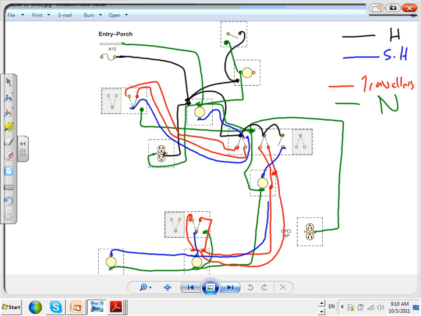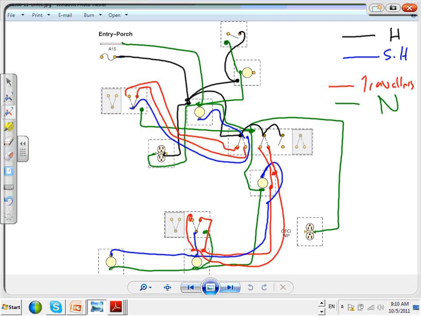Oh, this is wrong. This single-way switch is not for that particular one, guys. This single-way switch is actually for something else. Here you go. GFCI. There you go. So that's the switched hot, the way they're doing it. I could have done it the way that I did it. So that's switched hot for all the outdoor lights.